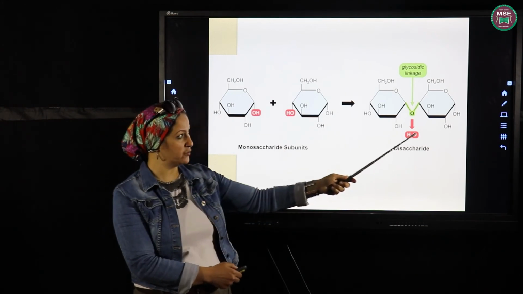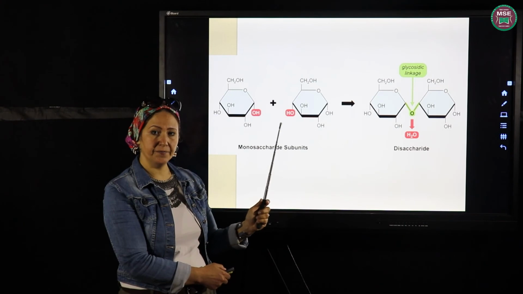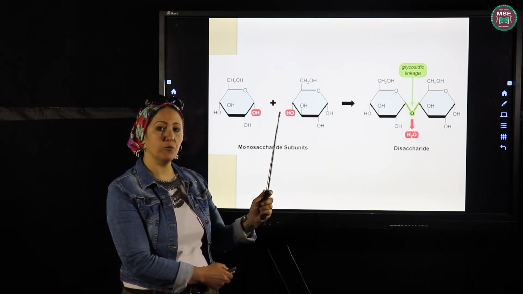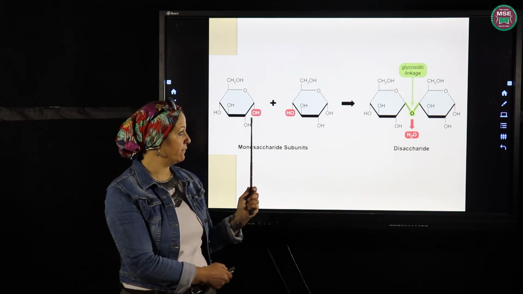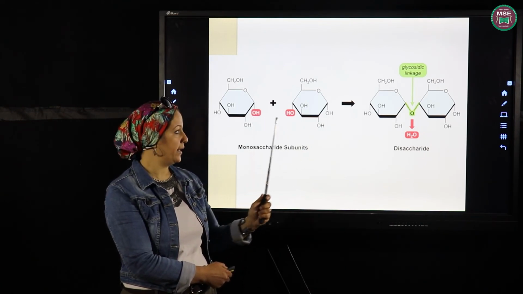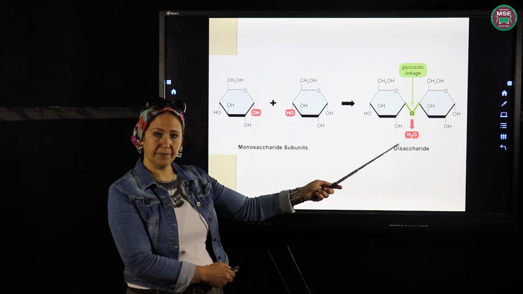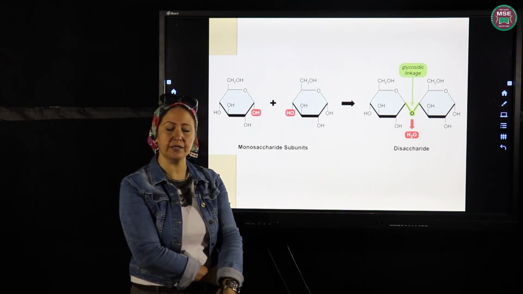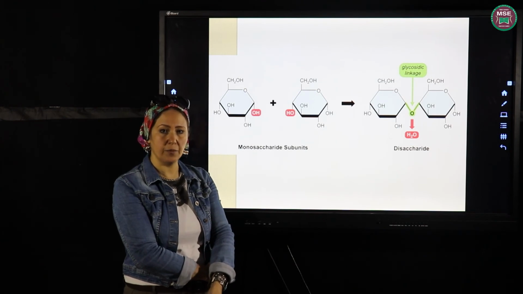During the formation of the disaccharide, the 2 monosaccharides link together to form a glycosidic bond, and we have 1 water molecule released. So we have OH here and H from this group, so this is the water molecule released. And the O between them links the 2 monosaccharides to form the disaccharide through the glycosidic bond.